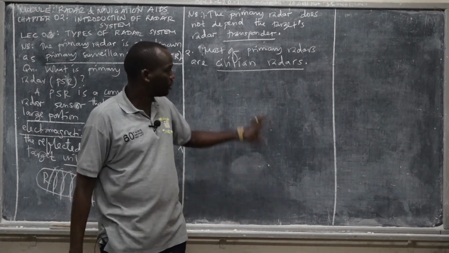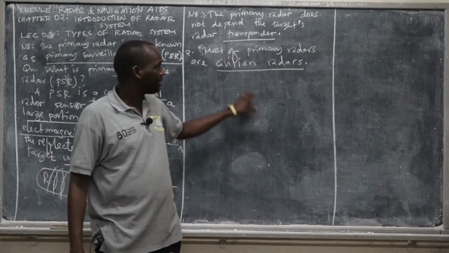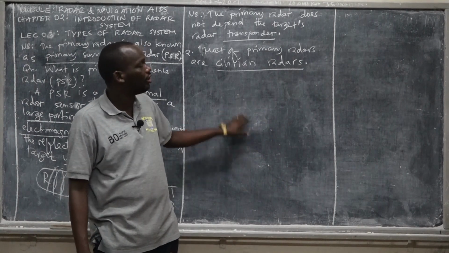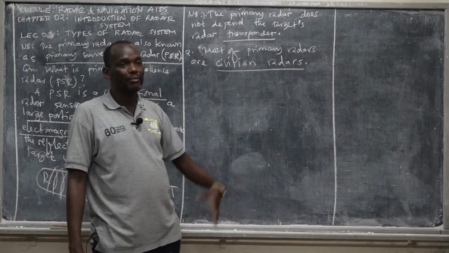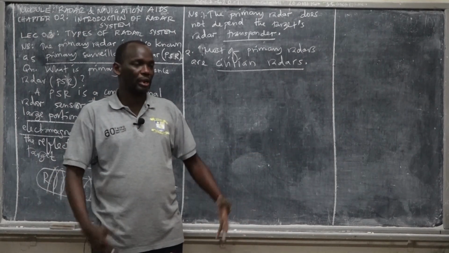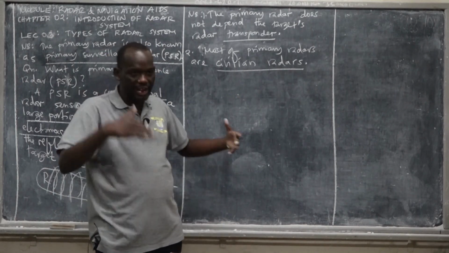Most civilian radars, for instance with Air Tanzania traveling from Julius Nyerere International Airport to Kilimanjaro International Airport, or from Dodoma to Dar es Salaam, are primary radars.